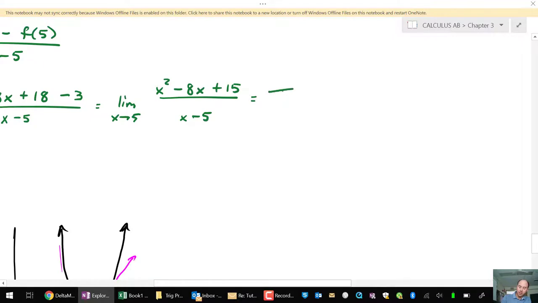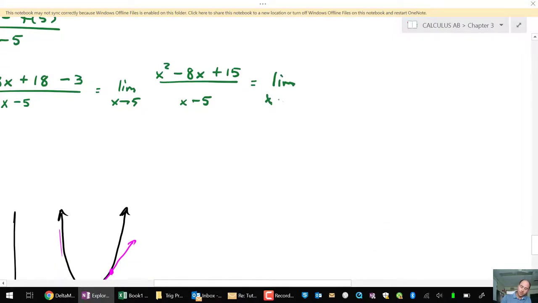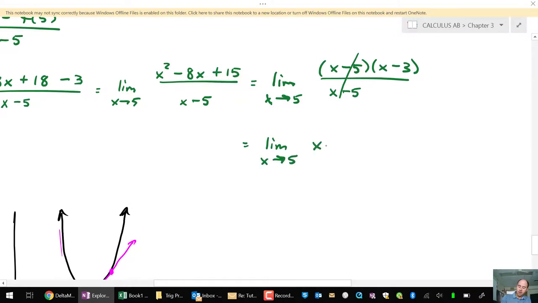Here's a plan B strategy. I can use factoring to evaluate this limit. So the limit as x approaches 5 of quantity x minus 5 times x minus 3, that should do it, over x minus 5. So it appears that my limit as x approaches 5 of x minus 3 will simply be a value of 2.